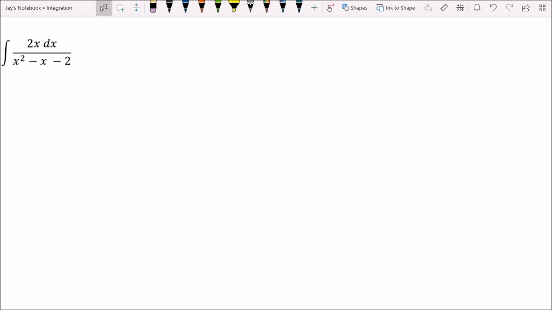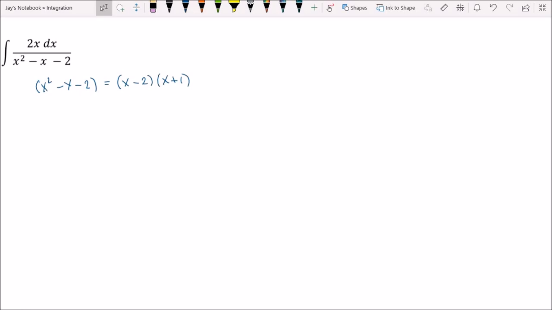In this case, we know that the denominator is factorable. So let's try to factor the denominator, x squared minus x minus 2. We can factor this into x minus 2 times x plus 1. If you don't know how to factor yet, please review your algebra.